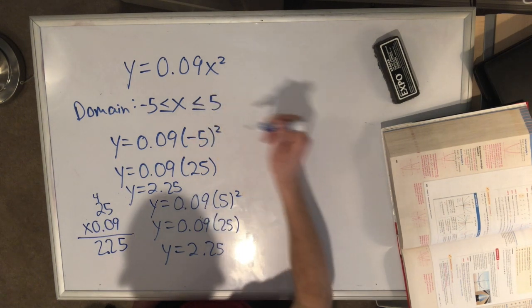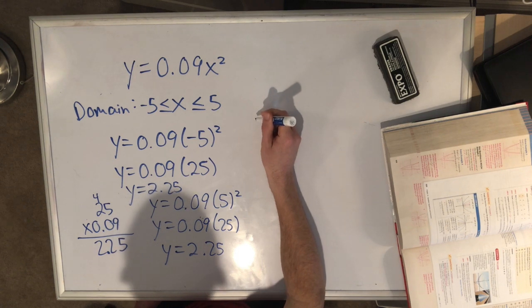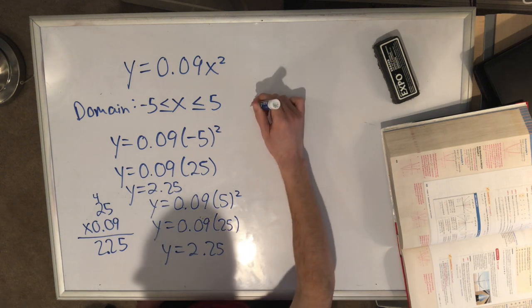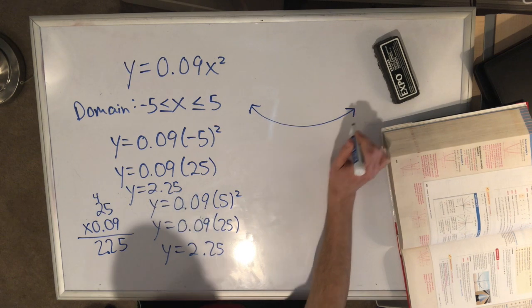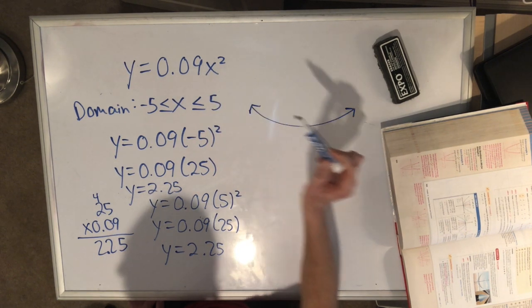And if you substitute in 0 for x, I already mentioned that that would be the lowest point in the trough, in the reflective parabolic surface, which looks like this. It's a pretty wide parabola because 0.09 has an absolute value pretty close to 0.